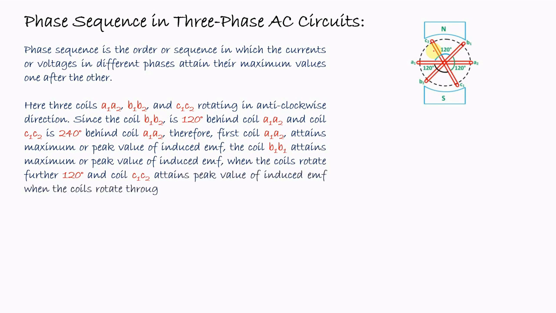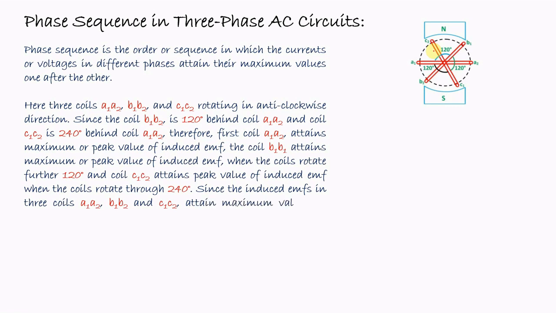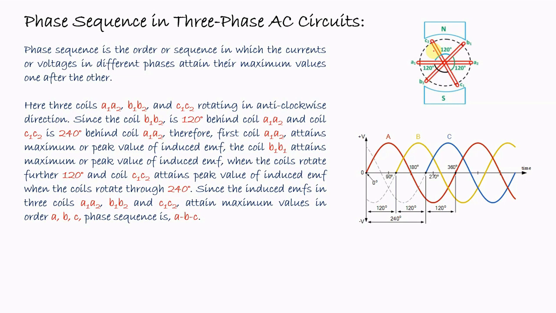Coil B1 B2 attains the maximum value when the coil rotates a further 120 degrees. And similarly, coil C1 C2 attains the maximum value after 240 degrees from the first position. Since the induced EMFs in the three coils attain the maximum value in order A, B and C, the phase sequence here is considered as A, B, C.